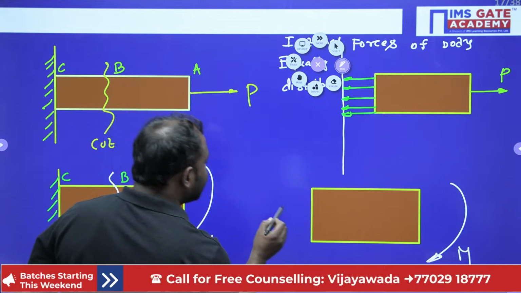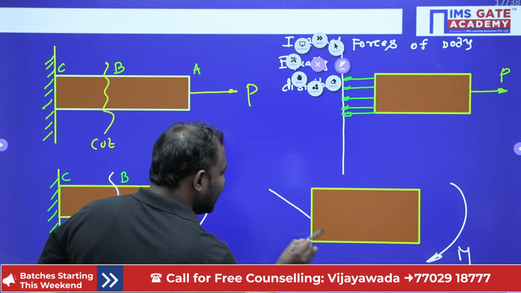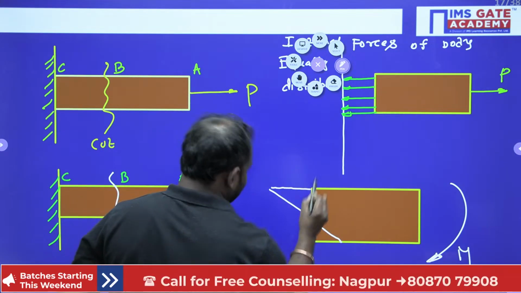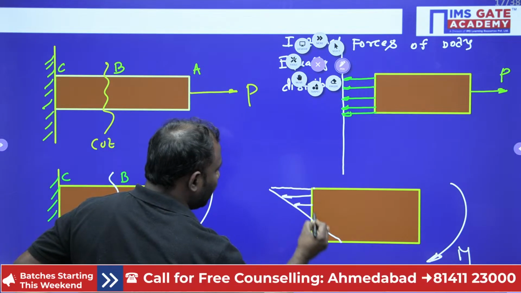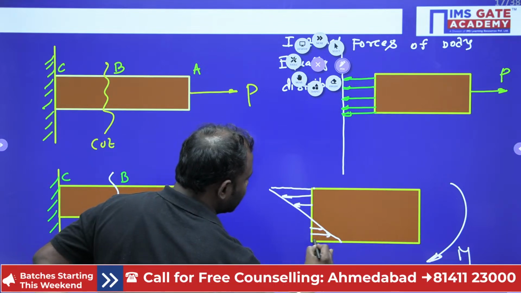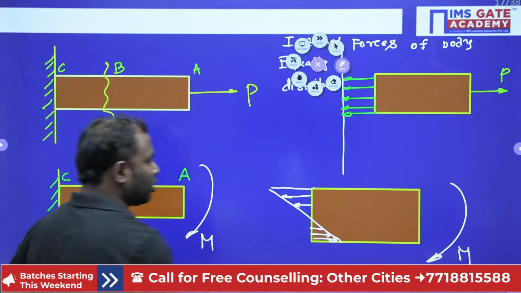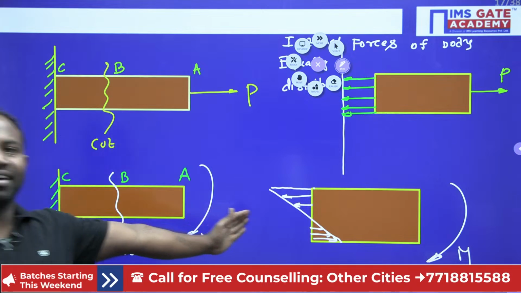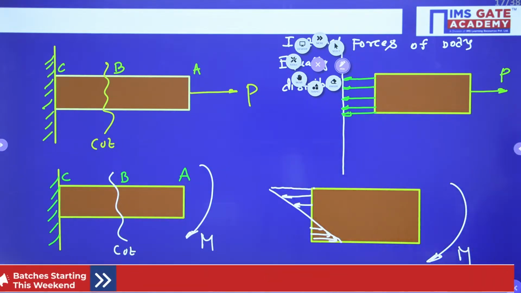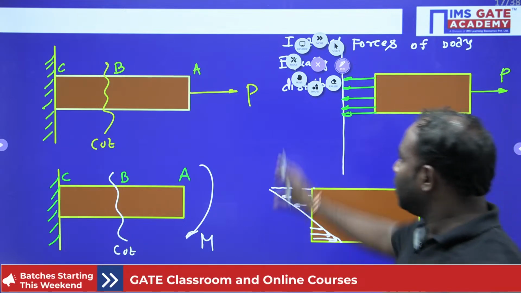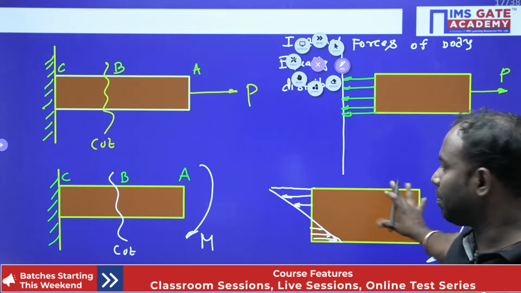They are going to be distributed like this, linearly, right? They are not equal like that. Clear everybody, guys? So that is the difference between whenever we apply the force and whenever we apply the moment.